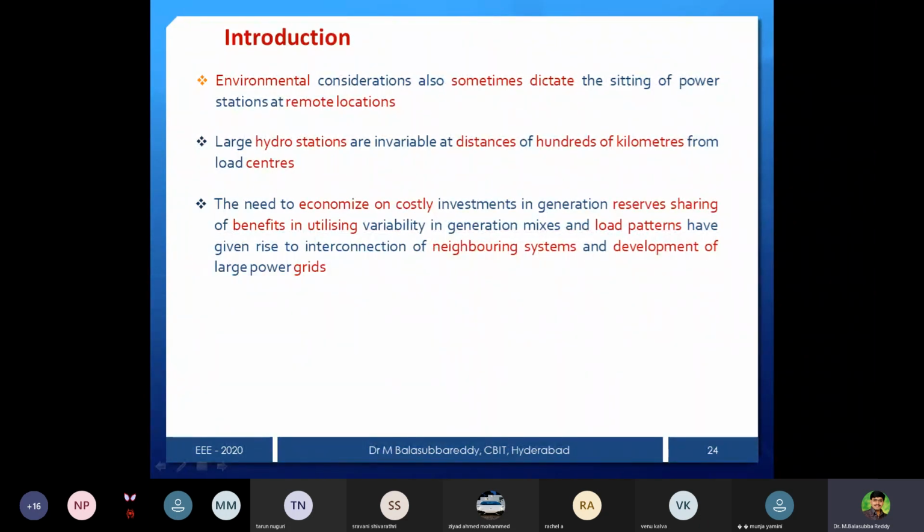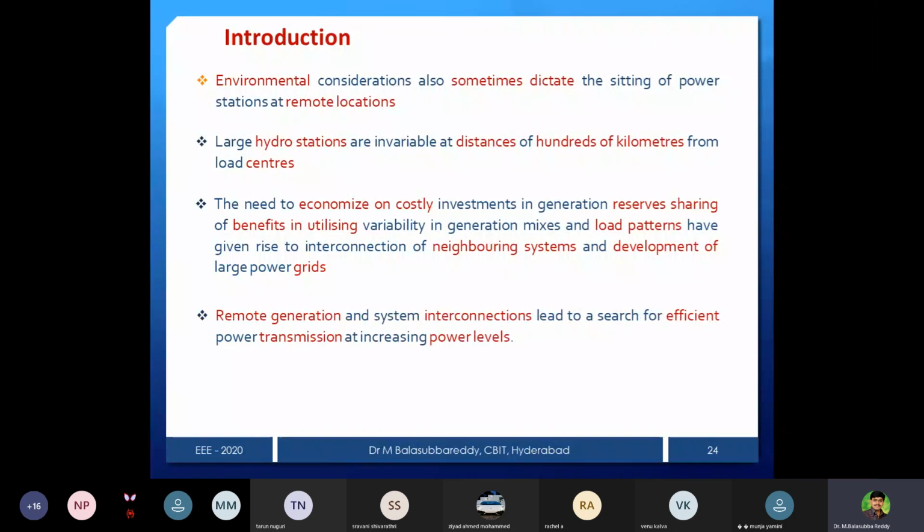The need to economize on costly investment in generation, reserve sharing, and benefits in utilizing the variability in generation mix and load pattern have given rise to the incorporation of neighboring systems and the development of large power grids. They interlink all the generating stations, and that way we can minimize cost, which is one aspect.